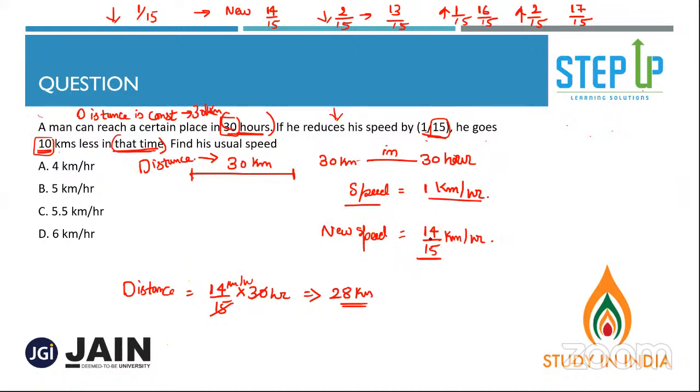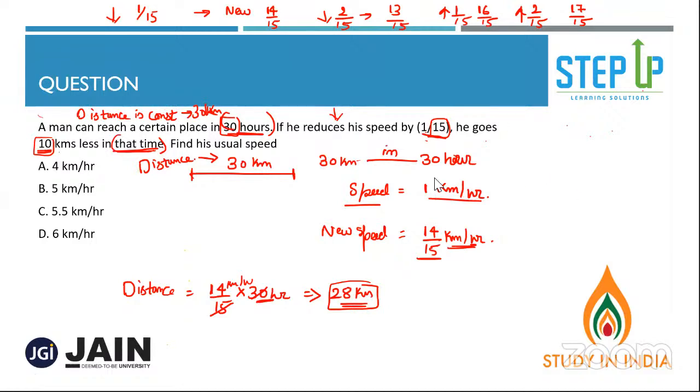So now think logically, if 14 by 15 kilometer per hour is your speed and you are traveling for 30 hours, you will be traveling 28 kilometer, isn't it? So what is the question? They are saying find his usual speed.